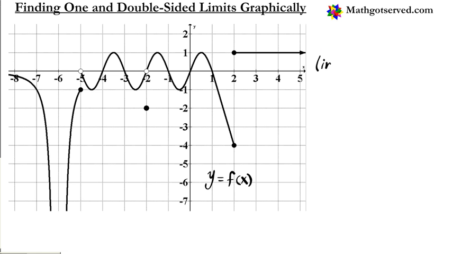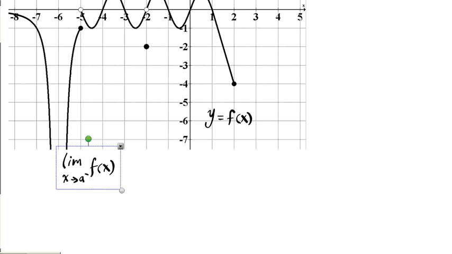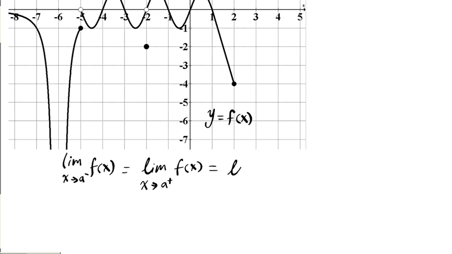If the left-hand limit of any function, as x approaches a from the left of f of x, is equal to the right-hand limit as x approaches a from the right, then whatever that value is will be exactly equal to the limit as x approaches a from both sides. So if the left-hand limit and the right-hand limit are equal, that is what the double-sided limit will be.